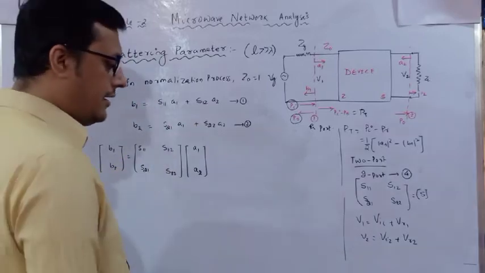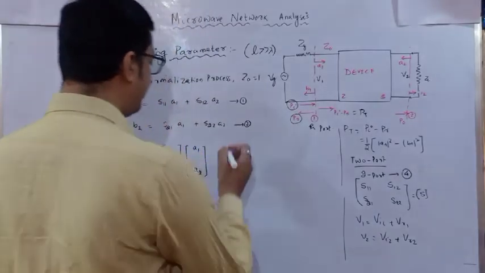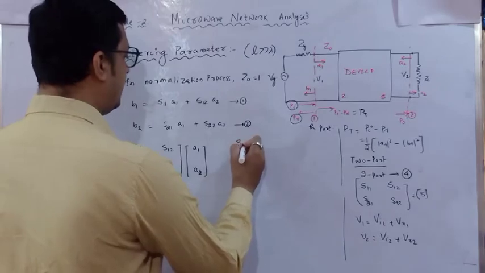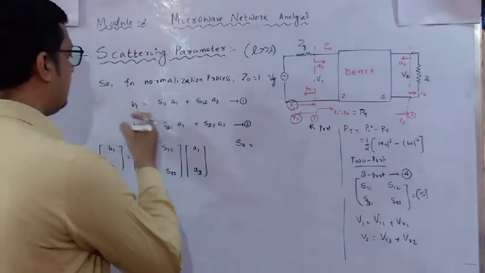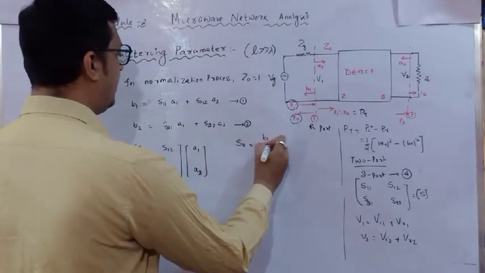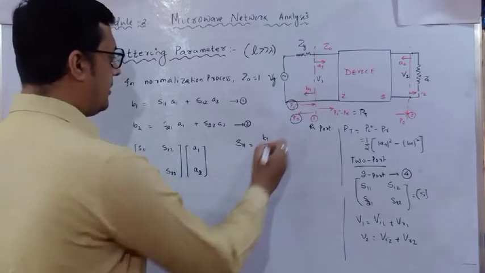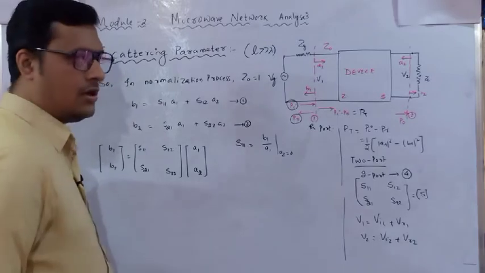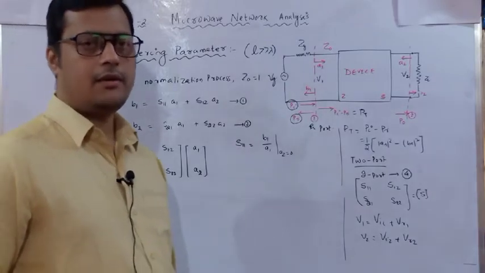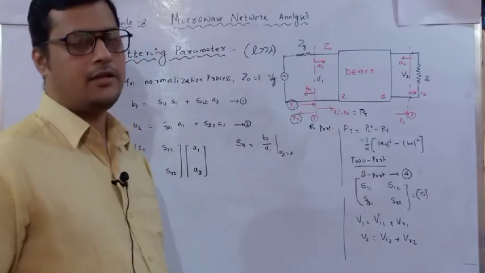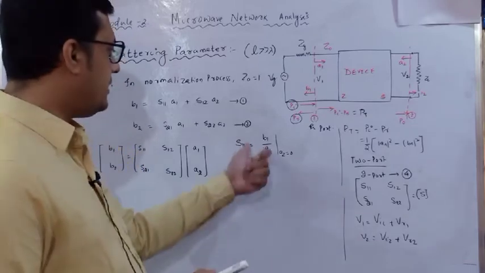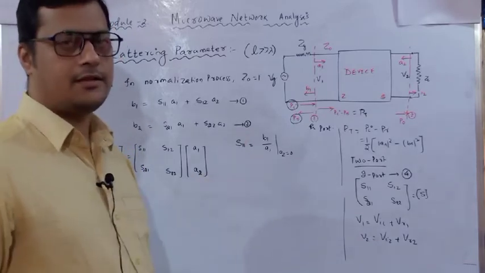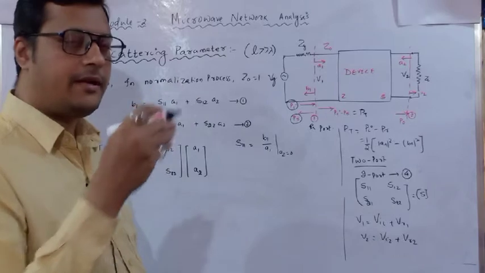Okay, so let me write those equations. First S11. S11 means it is B1 by A1 at A2 equals 0. Now what is B1? B1 is nothing but the reflected potential at port 1. And what is A1? It is the incident potential at port 1. So reflected by incident, what is that?